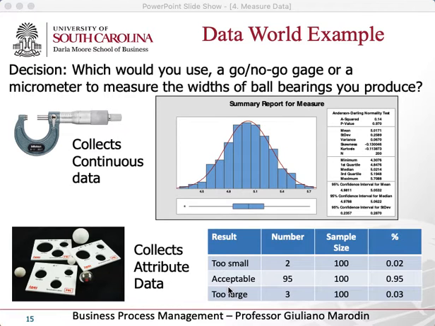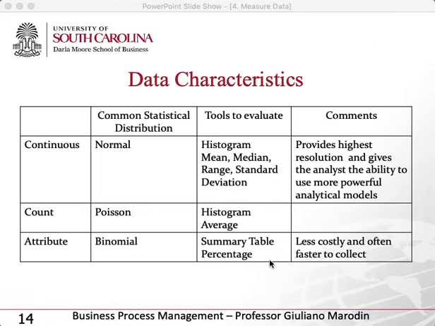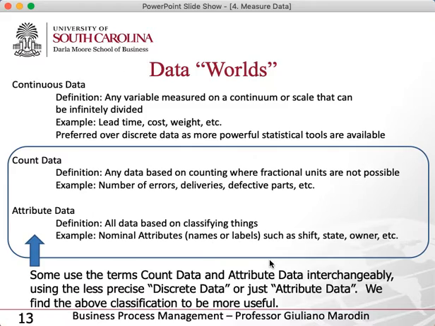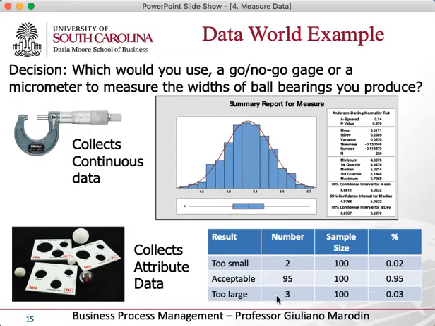I need to classify them twice, but I will end up having data that, again, looks like this, right? So some of them are going to be too small, some acceptable, some too large. But if you look at the data per ball bearing, you're going to say good or bad, or small, small, large, small, good, good, good, large, small.